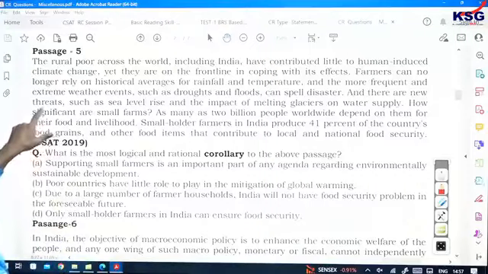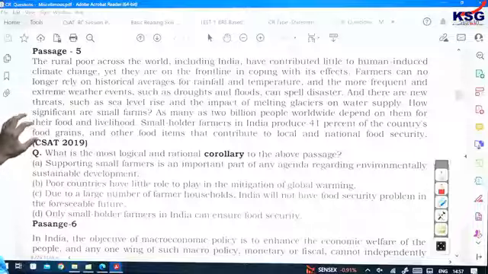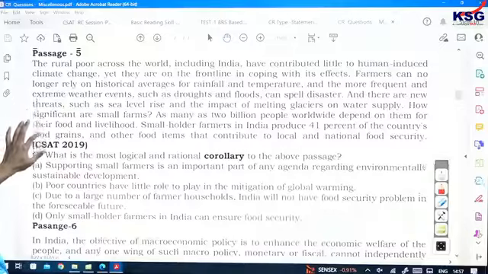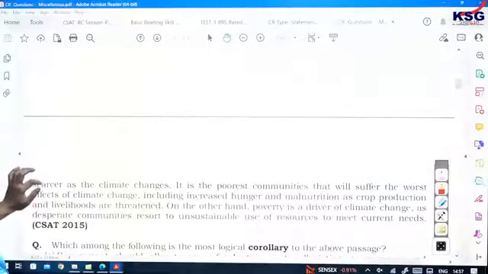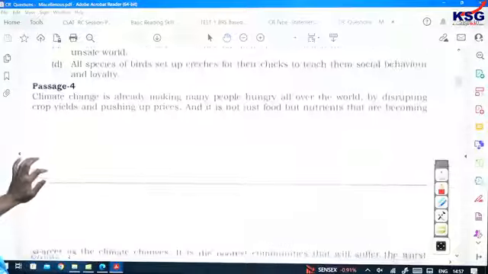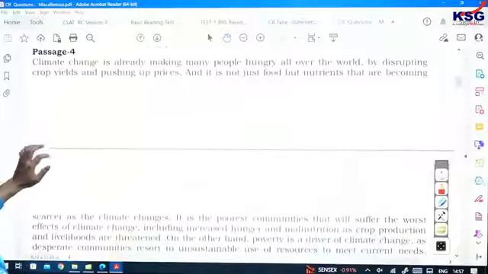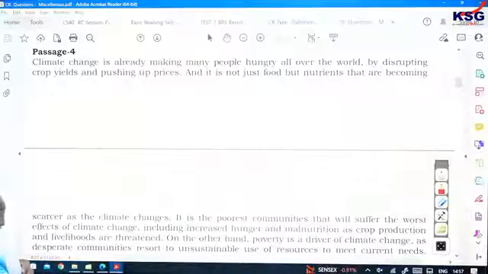I assume that you are using your own source for reading this paragraph. Now para number 4, from here. Climate change is already making many people hungry all over the world.